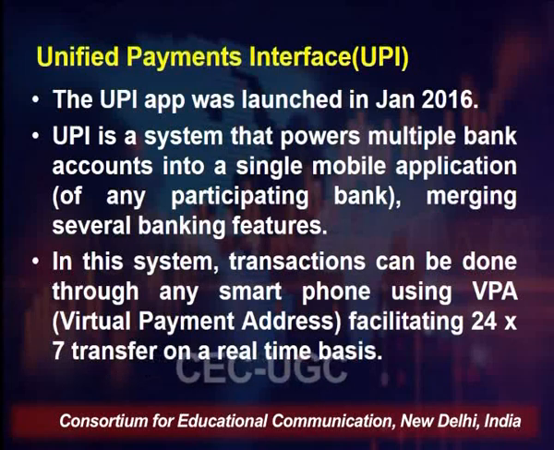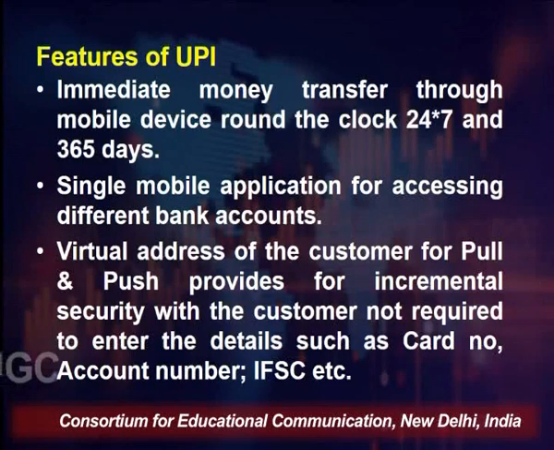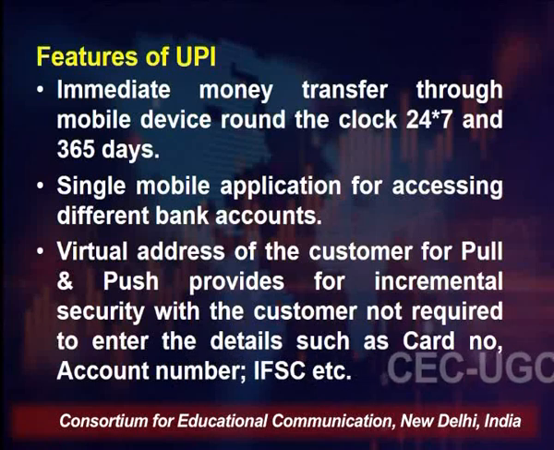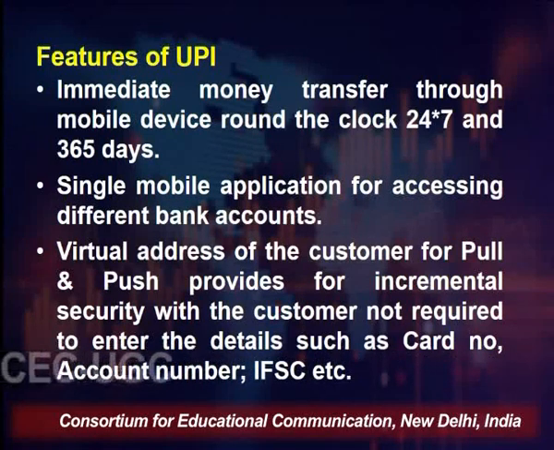Like in internet banking, in the RTGS system, in the immediate payment system, in UPI also a transaction can be made on an immediate basis. It is the fastest system of transferring money. So: immediate money transfers through mobile 24/7, a single mobile application for accessing different bank accounts, and a virtual address of the customer for pull and push provided for incremental security, with customers not required to enter details such as card number, account number, IFSC.